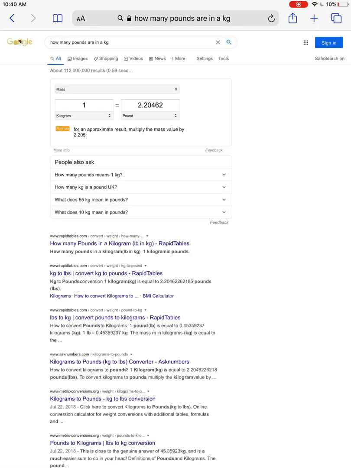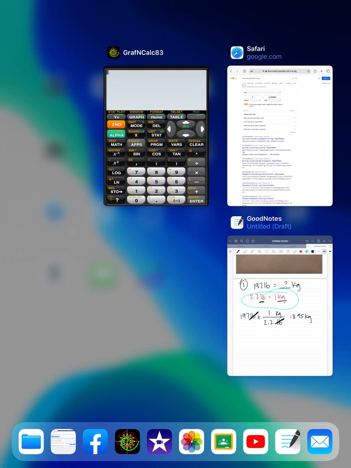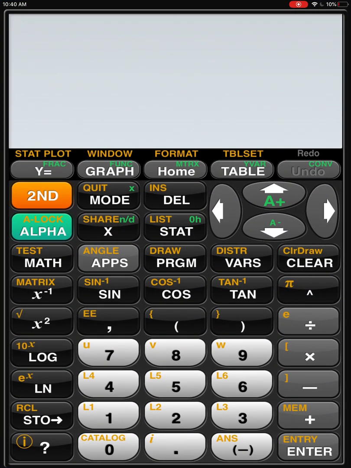Okay. So my brain is having a hard time today. I'm checking myself here. If we said that the guy weighed 8.95 kilograms and the conversion factor is 2.2, see, that's not correct.